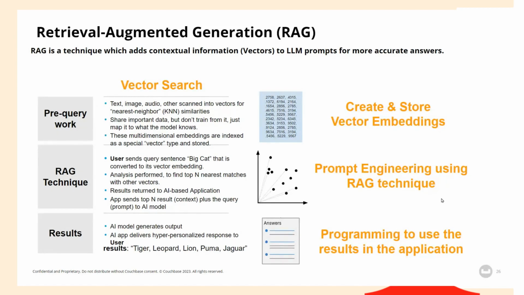So it wouldn't know about anything past the end of that training, and it wouldn't know anything that wasn't in the original corpus of training data. So RAG essentially teaches the LLM what it doesn't know on the fly using vector embedded data, and that allows it to provide more accurate feedback.